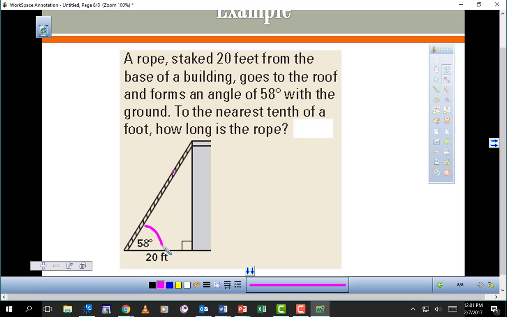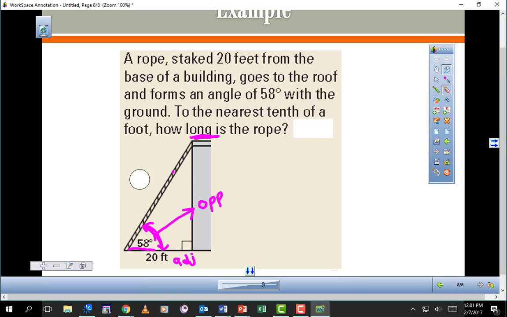If we're dealing with this angle right here, according to this angle, this side over here would be the opposite side, and then this one would be the hypotenuse. And of course, this side here would be the adjacent side. So let's see here. What is it that we don't know? We want to know how long the rope is. So we're going to call that one X.